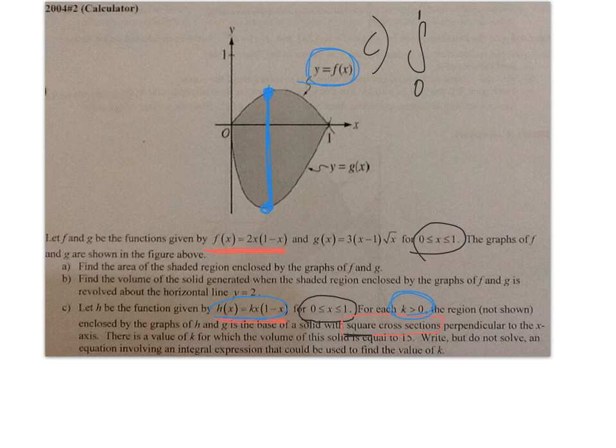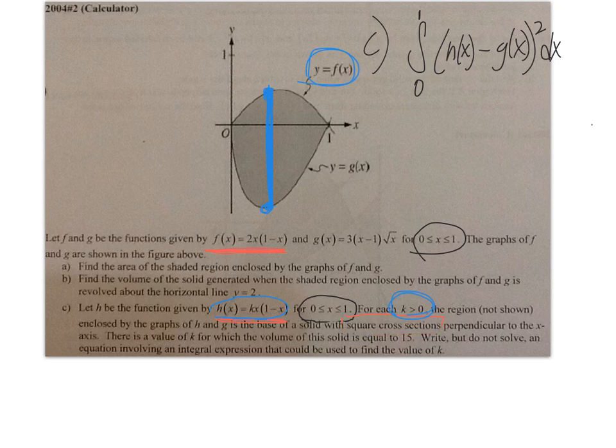So if I want to find the distance from my h of x function to my g of x function, I just take upper function minus lower function. So I am going to have h of x, which is the one on top, and I know that because k has to be positive, so it can't be reflected. h of x minus g of x. Take that quantity and square it, dx. This has to equal 15.